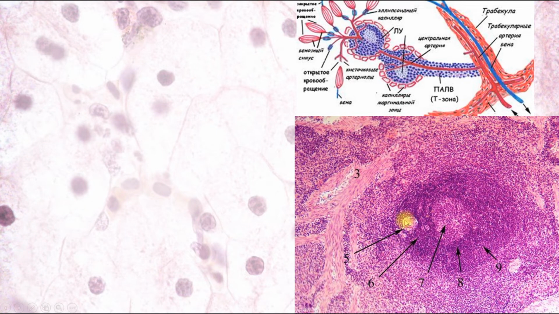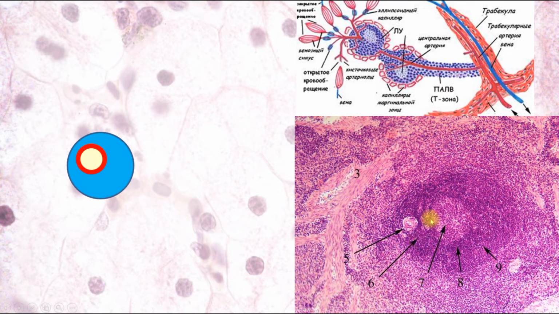Here we can see the first specific feature of it, the presence of an artery. It's present inside the lymphatic follicle, and it's called the central artery, but it has eccentric localization. It's not localized exactly in the center, it's located near the center. So first of all, the lymphatic follicle contains a central artery. Near the central artery we have a special zone which is called the periarterial zone of lymphocytes.